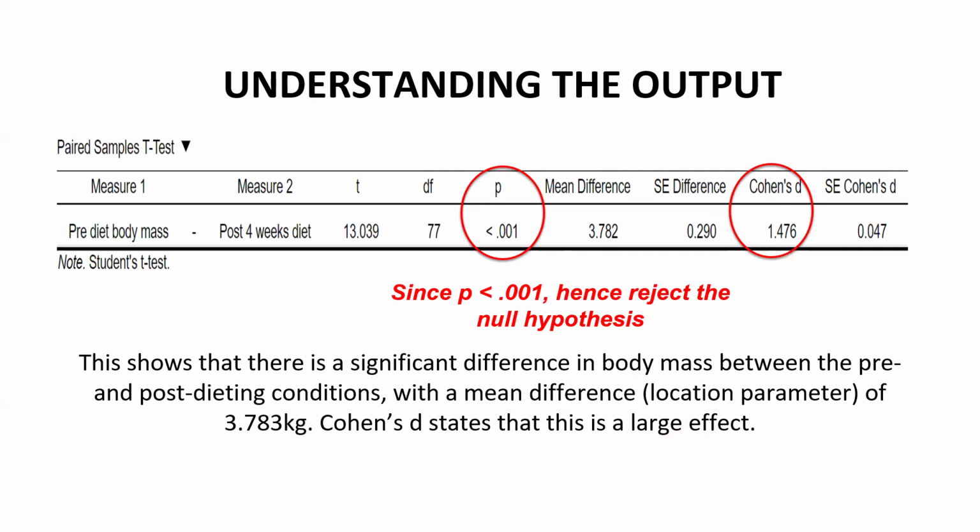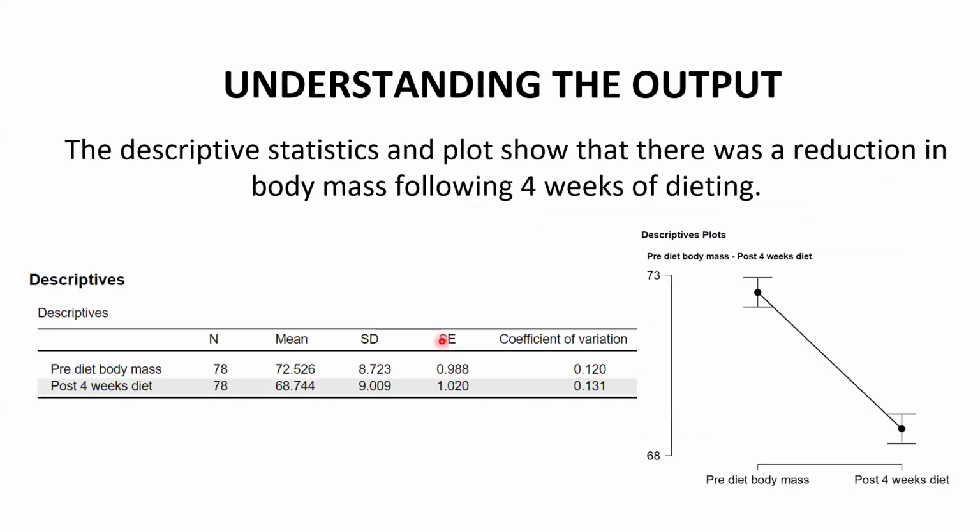Now let's go back to the descriptive table. The descriptive statistics and plot show that there was a reduction in body mass following the 4 weeks of dieting. The mean body mass pre-diet is 72.526 kilograms, and in the graphical presentation we see this value of the mean.